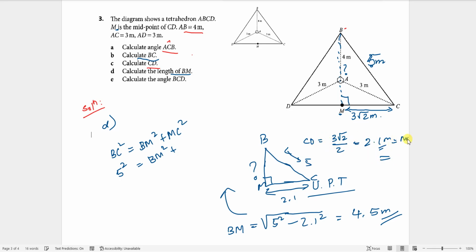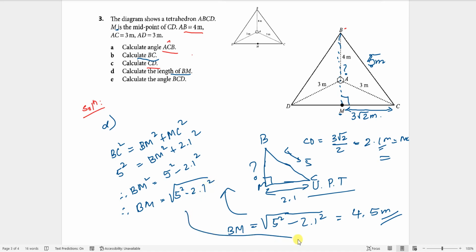So this is 2.1 square. Therefore we can get BM square is equals to 5 square minus 2.1 square, hence BM equals to root over 5 square minus 2.1 square. You will get this as the answer. So I hope part D is clear. Let's move to part E.